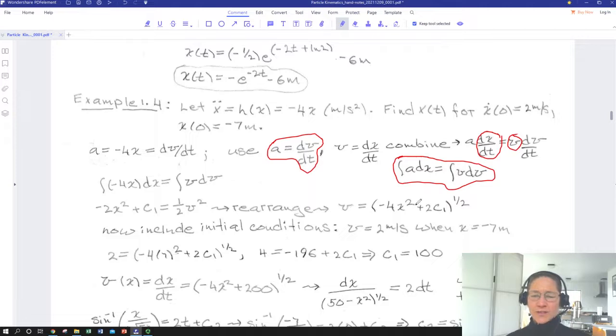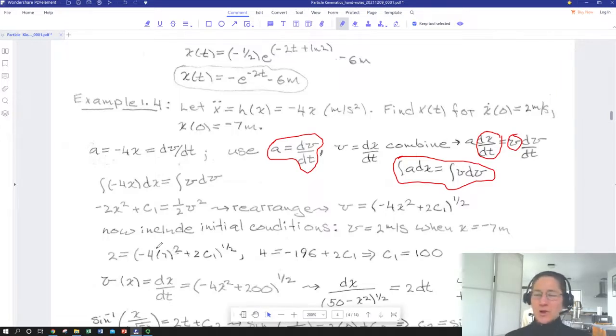We'll rearrange to get velocity in terms of position, and use our initial condition of velocity and position at a given time: v equals 2 meters per second when x equals -7 meters, which is when t equals 0.